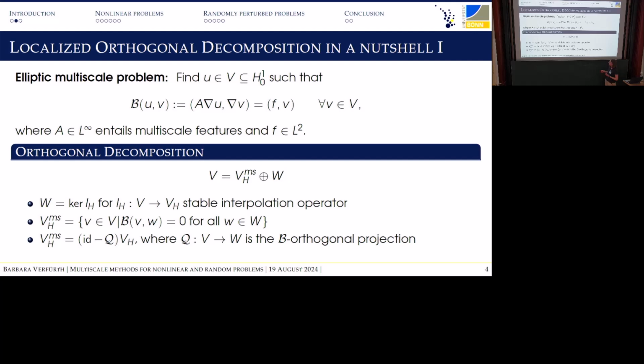And it turns out that this new space VHMS for multiscale in fact has the same dimension as the coarse finite element space. It can be namely written as a kind of, you take your finite element space and you subtract so-called corrections of your finite element functions from that. So you have the same dimension.